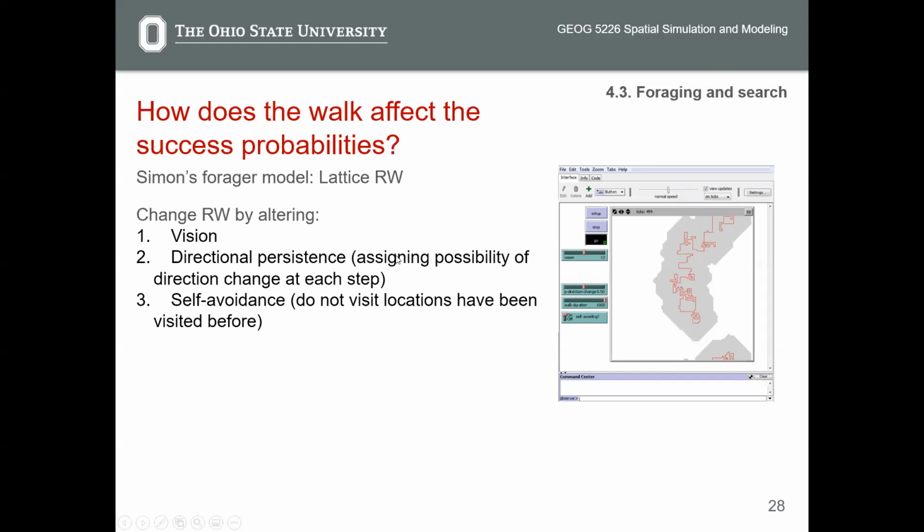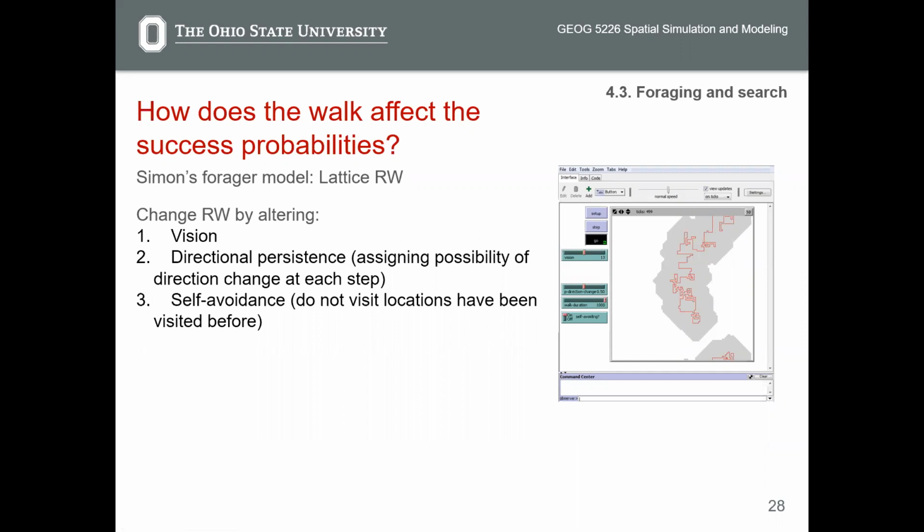And in the model, we can assign the probability of direction change at each step. Of course, if you want this searching to be very efficient, you can assign a large value to directional persistence. For example, 0.99 is almost a straight line.